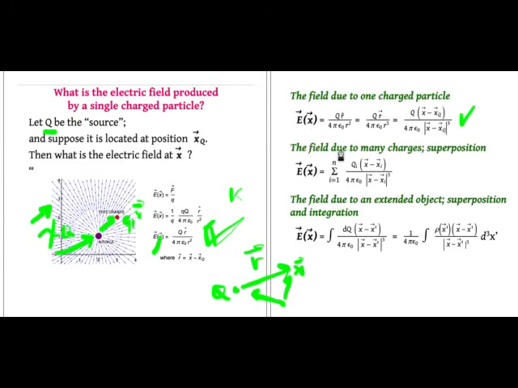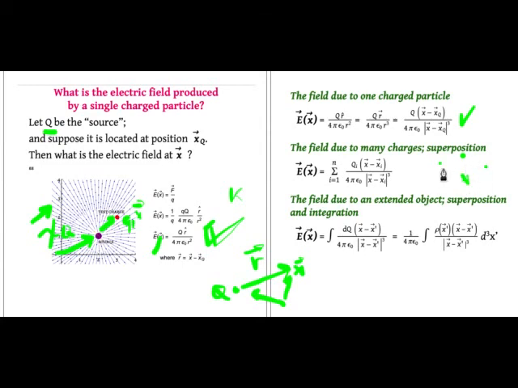Now, if I have many charges, well, then the electric field is just the superposition. So suppose I had n charges, Q1, Q2, Q3 up to Qn. The electric field at a point x is just the sum over those n charges, Qi over 4 pi epsilon 0, x minus xi, over the distance x minus xi cubed. So if I had a system with, I don't know, 3 charges, and I want to know the field at some position, here, I would have a sum of 3 terms.